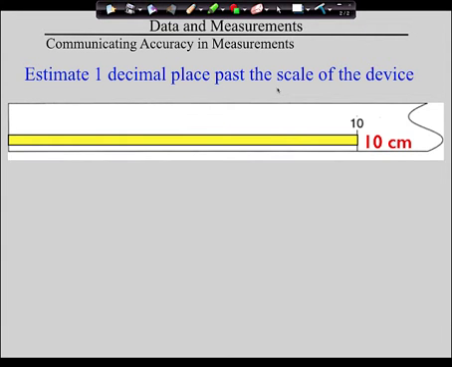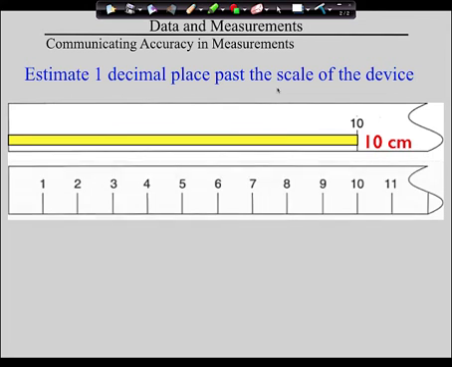You get the idea? Okay, now we are going to make a measurement again, but we are going to make a measurement that is more accurate. So if we want to measure this length more accurately, what do we need? A better scale, right? We can do better than this. So let's try this scale. Now, guys, we have a scale that is broken into individual centimeters.